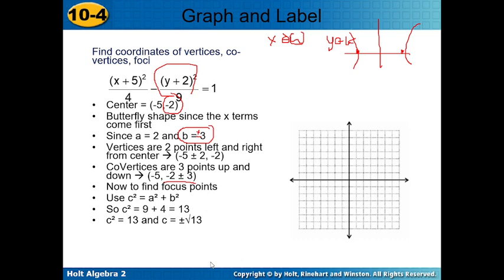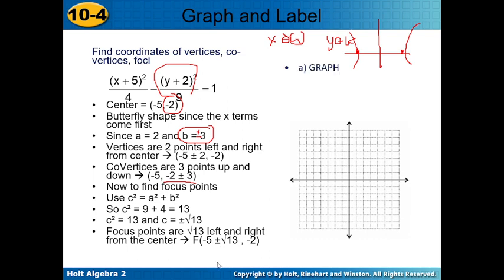In order for us to find the coordinates of the foci, we are going to add and subtract that to the x of our center. That's how.